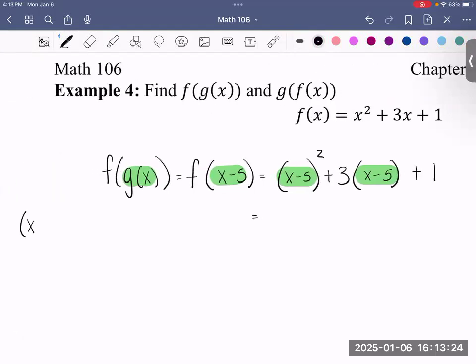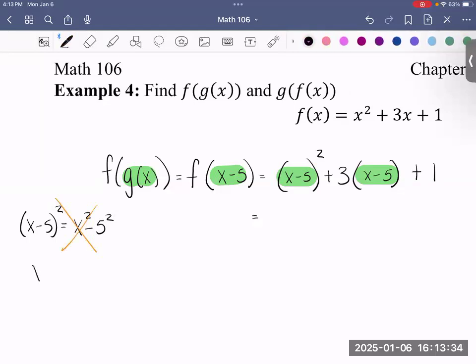So x minus 5 squared is not x squared minus 5 squared. That is not correct. Instead, just like x squared is really x times x, x minus 5 squared is really x minus 5 times x minus 5. So it's 2 of them. So we're going to write 2 of them out.